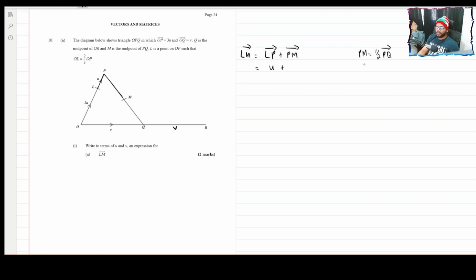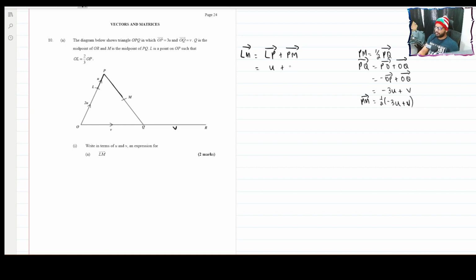We have to figure out what PQ is. PQ is PO plus OQ, which is minus OP plus OQ, which is minus 3u plus v. So PM is actually 1/2 of minus 3u plus v.